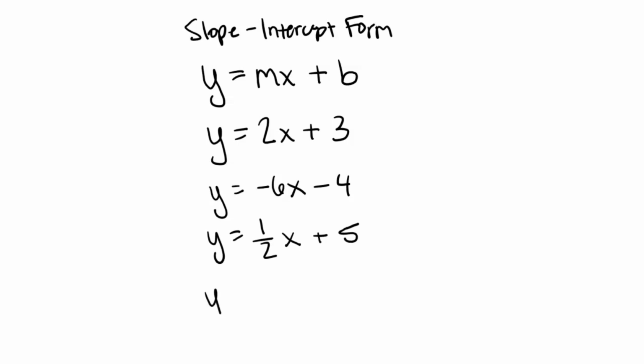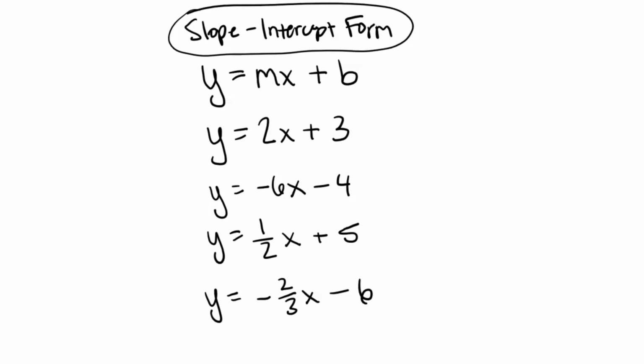Let's do one more example. Y equals negative 2/3 x minus 6. Okay, so all of these equations are in slope-intercept form because they look like y equals mx plus b.